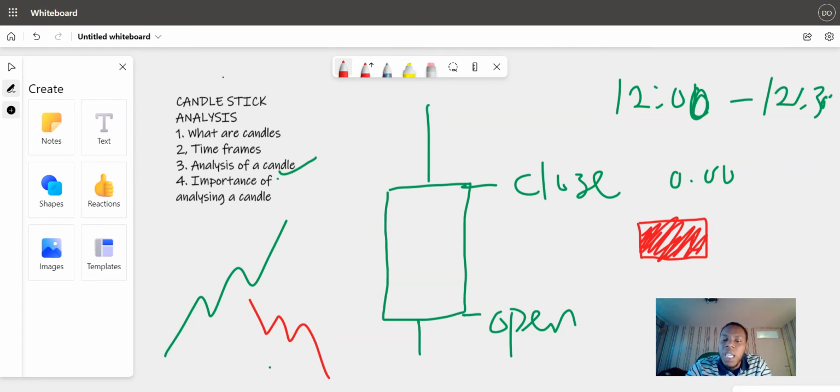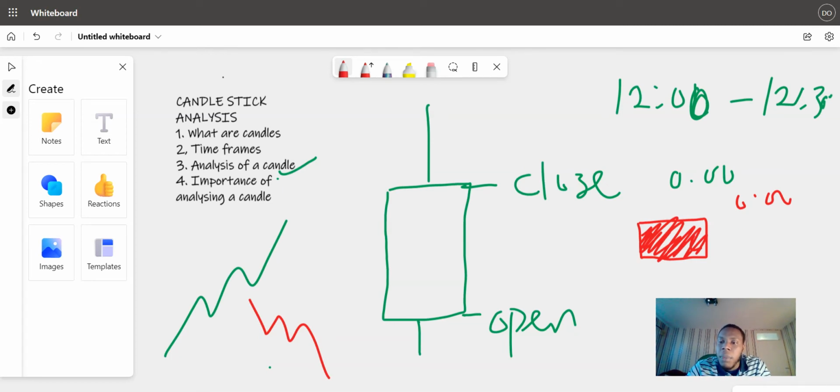So at this point in time, let's say price started forming 0.00, then price started becoming, if it goes above it is plus, if it goes below it is negative. Just take that as an ideology.